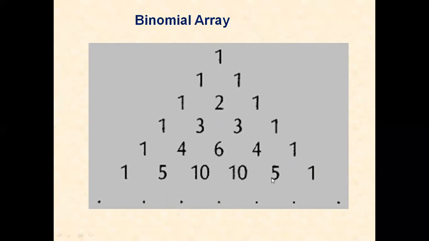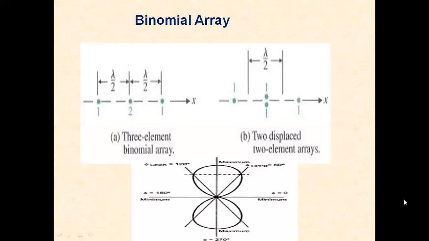Suppose we take this structure: 1 dipole at this point, then 5 elements, then 10 elements here, 10 elements here, 5 elements here, 1 element here, so that the cancellations can be done without minor lobes. We have only a major lobe, which is required in some applications of transmission. See, this is the structure of a binomial array.